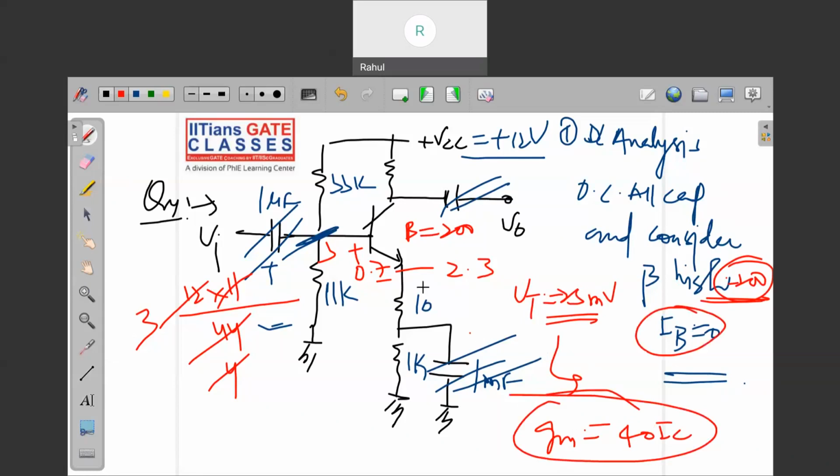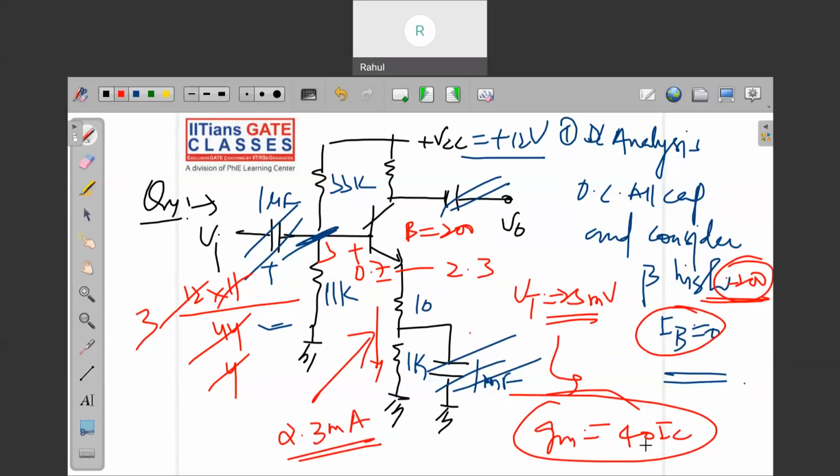So just compute here: 2.3 by approximately 1000 compared to 10, you can neglect. So it will be 2.3 here. 2.3 milliampere current will be flowing, and that will be IC.